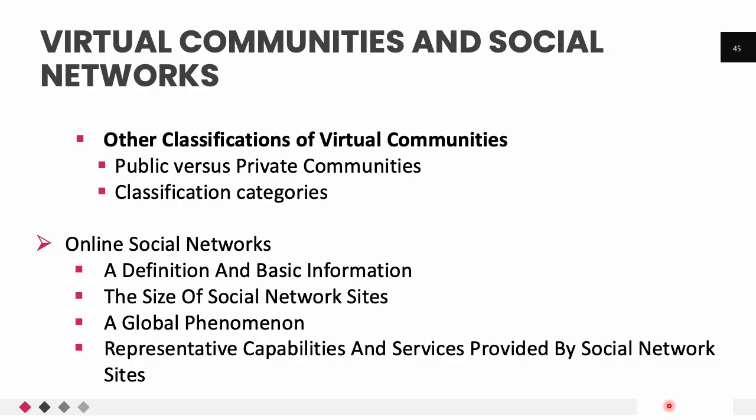Okay. Now let's move on to the second one. The most prominent section of this slide is the online social network. So what is an online social network?